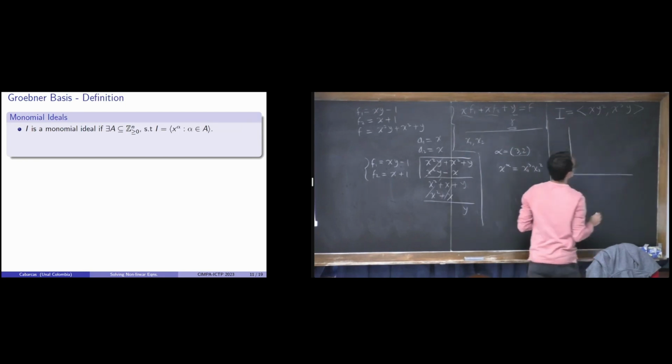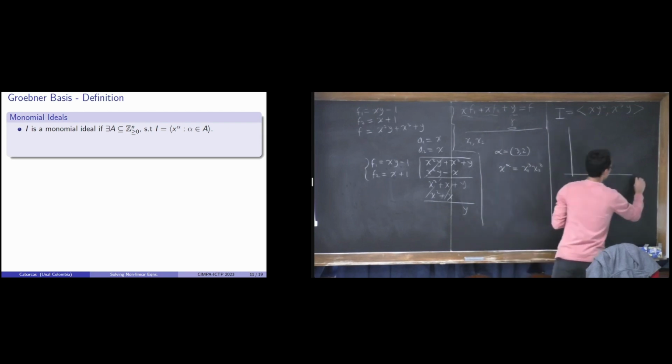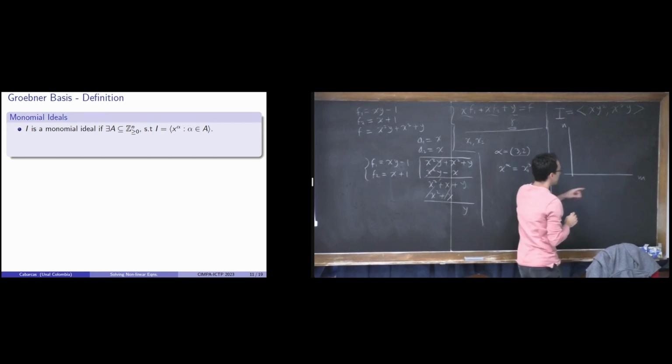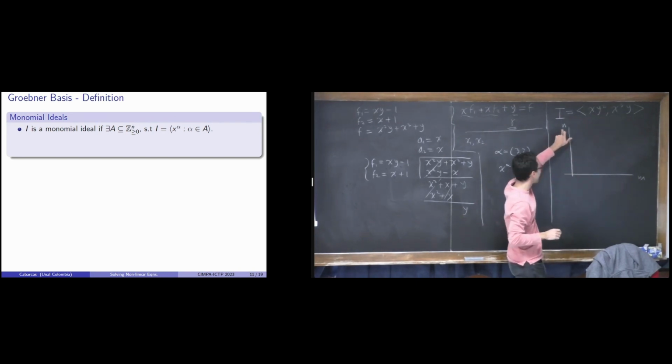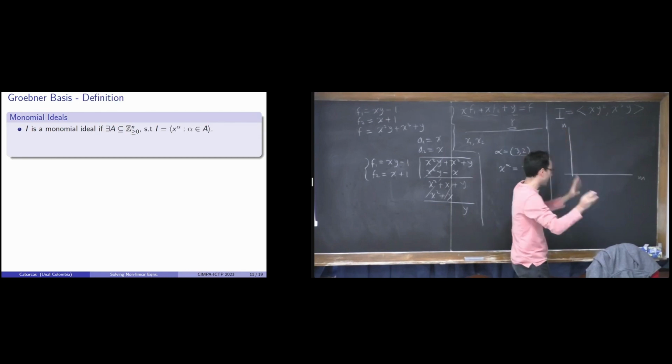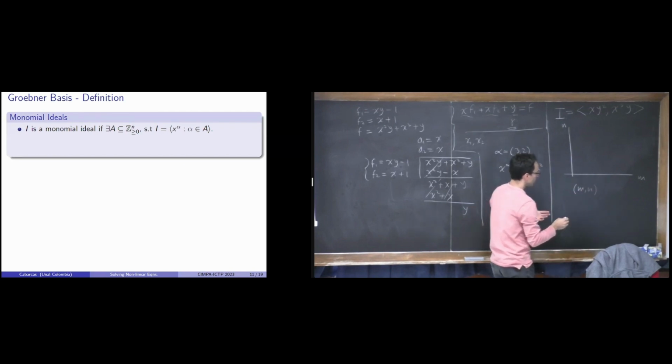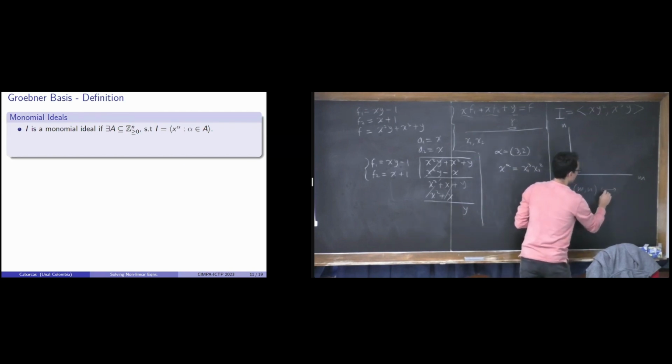I'm going to put the first exponent on the x-axis and the second exponent on the y-axis. So I'm considering tuples as monomials.